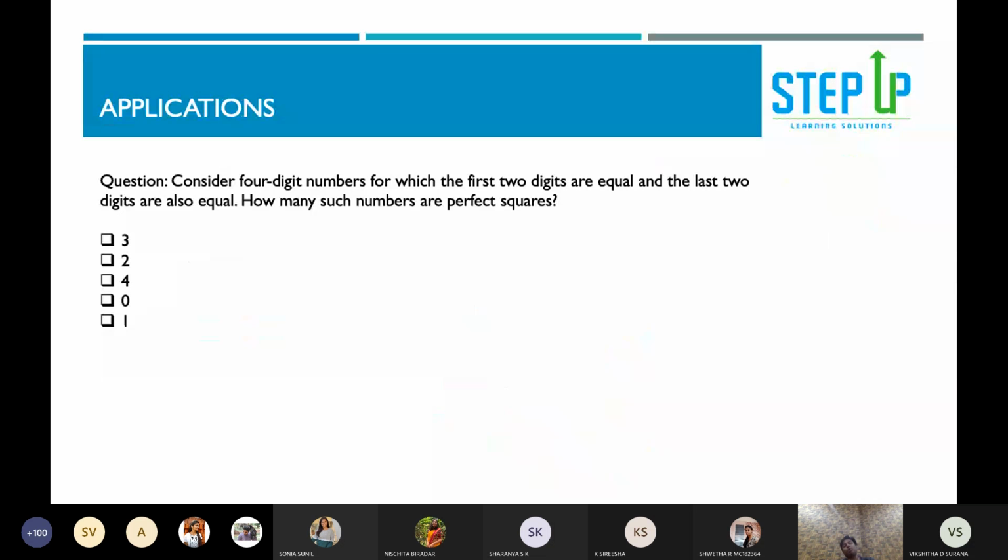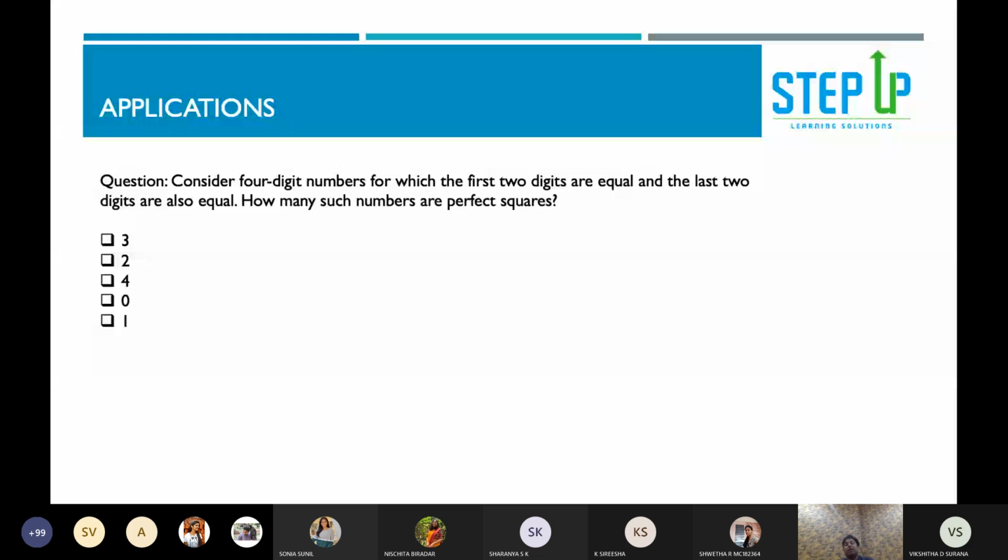Okay. Now let's talk about application. This is a question that came in one of the competitive exams: consider 4-digit numbers for which the first 2 digits are equal and the last 2 digits are equal. How many such numbers are perfect squares? The squares we are talking about are of numbers less than 100.